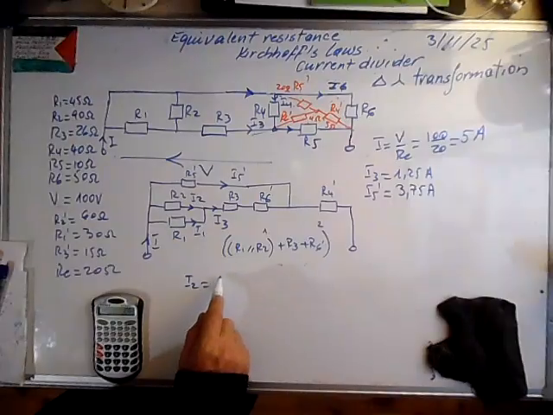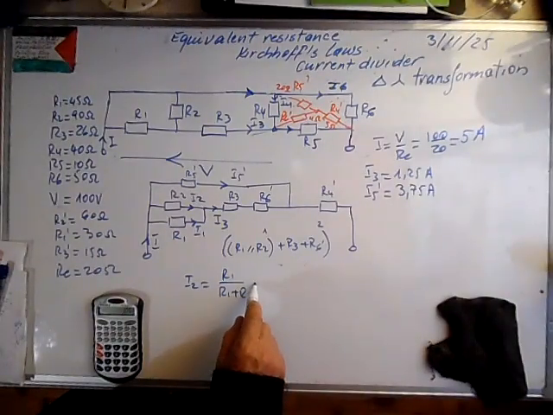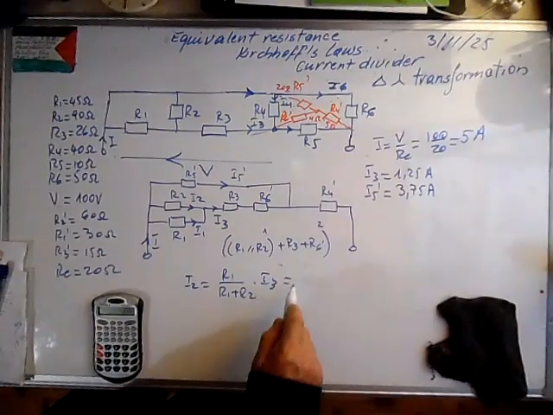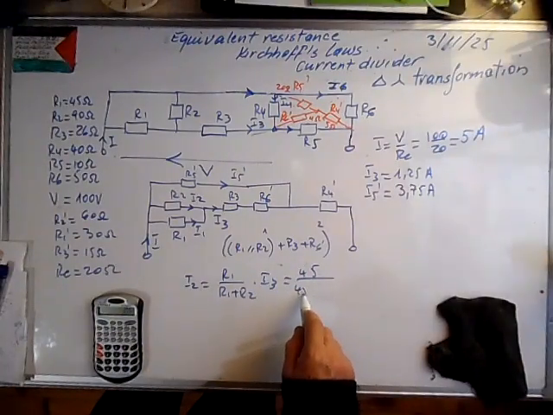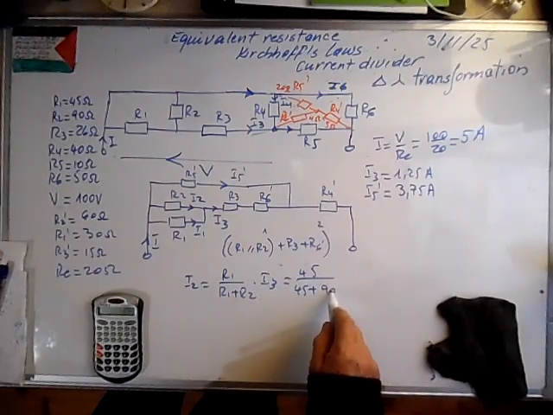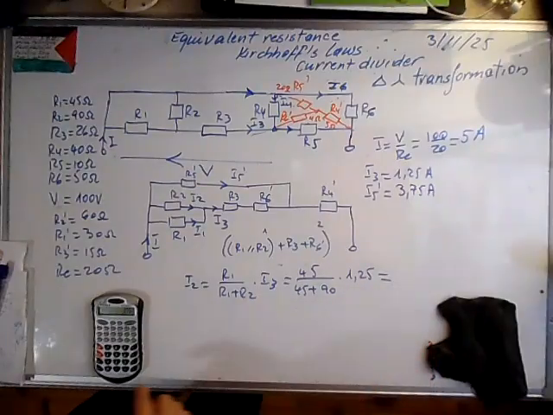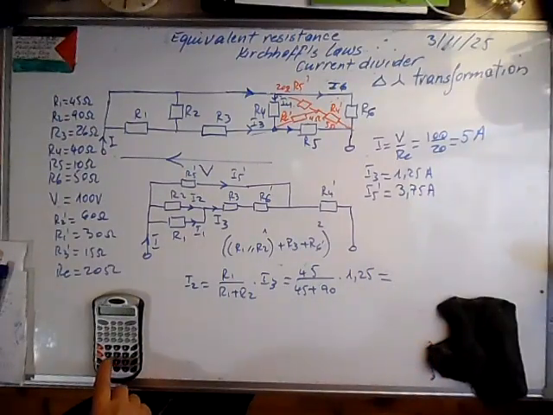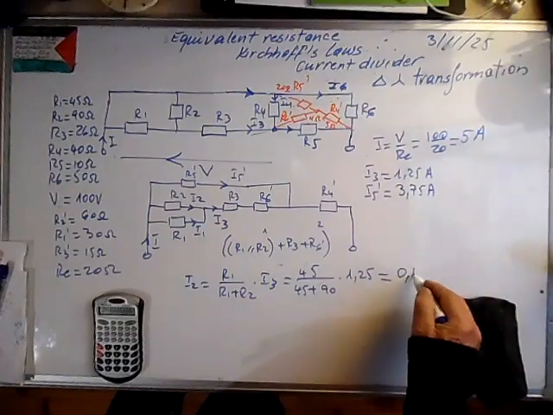I2 is R1 over R1 plus R2 times I3. So it means R1, 45 divided by 45 plus 90, times 1.25. And this is 45 divided by 135 multiplied by 1.25. This is 0.42.